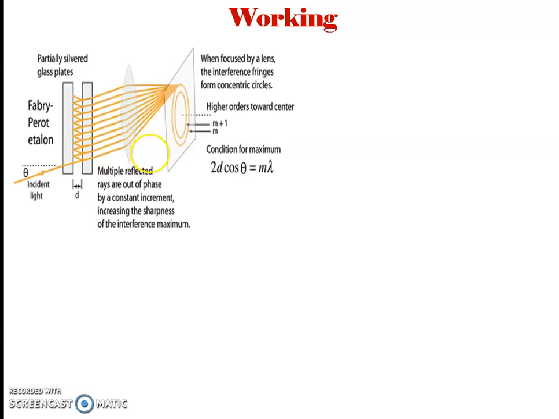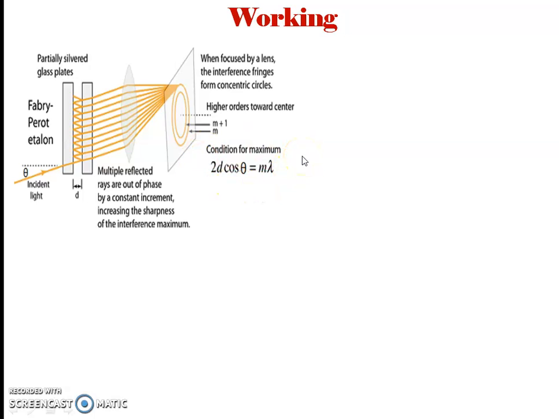So this is the lens. Multiple reflected rays are out of phase by a constant increment, increasing the sharpness of the interference maximum. When focused by a lens, the interference fringes form concentric circles, with higher orders towards the center. So the condition for maximum, as we know, is 2d cos theta equals m lambda.